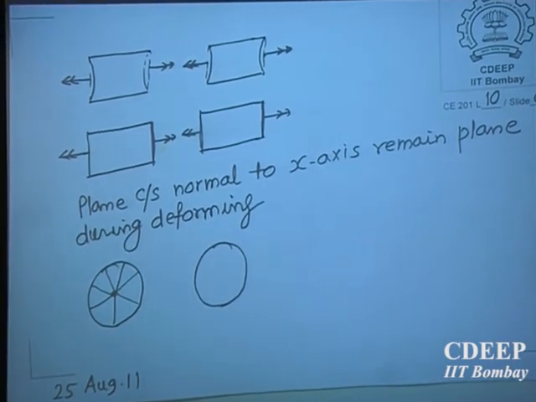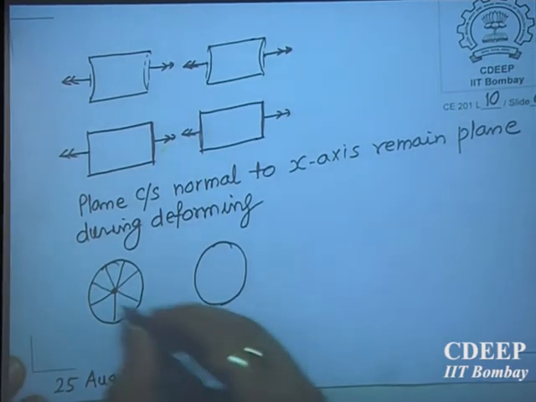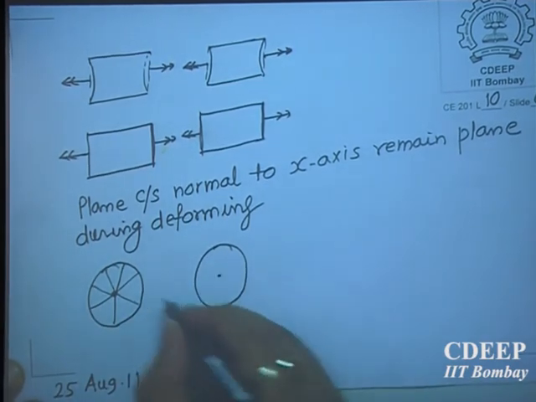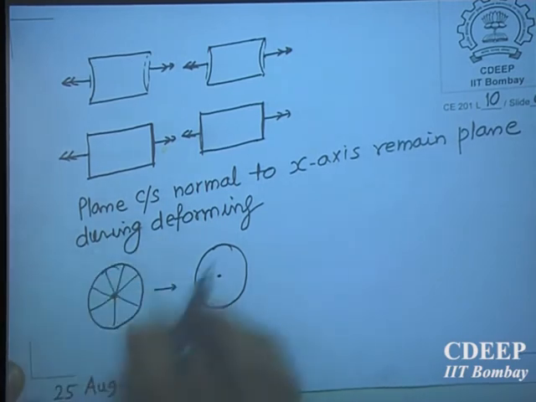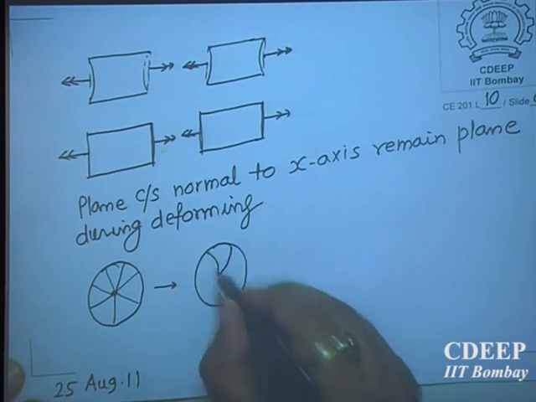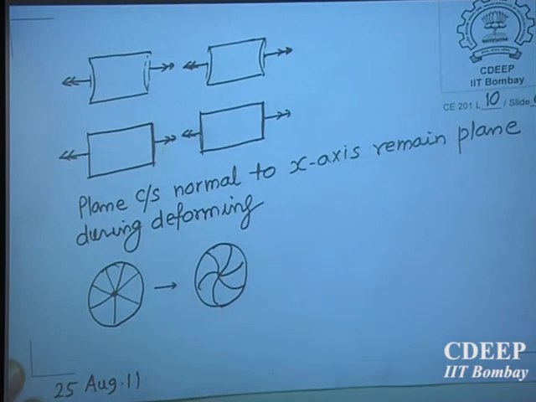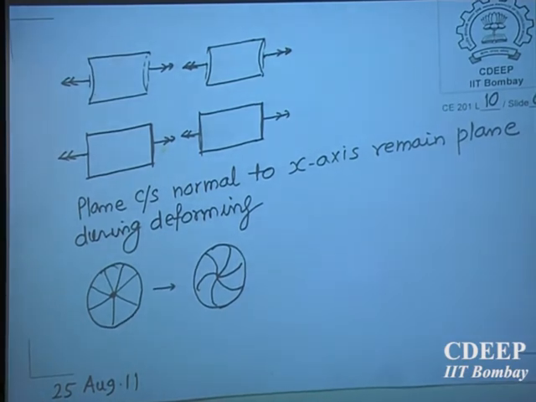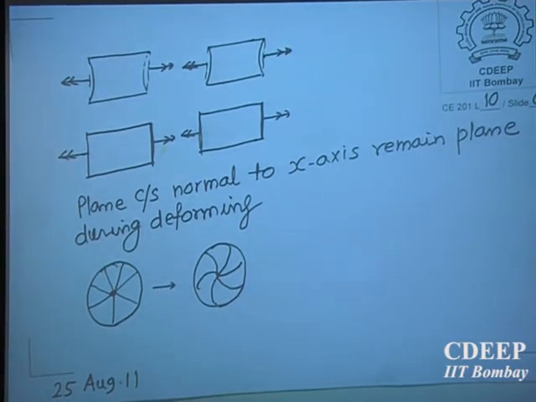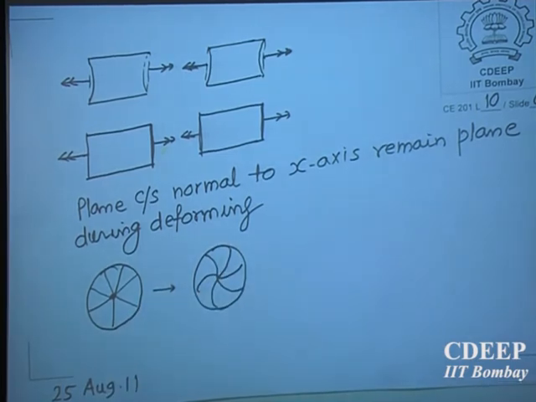What happens to this? You may say that this line, before torque is applied, after torque is applied gets turned like this. Then every line will have the same curvature, and the nature will be the same in any cross section.